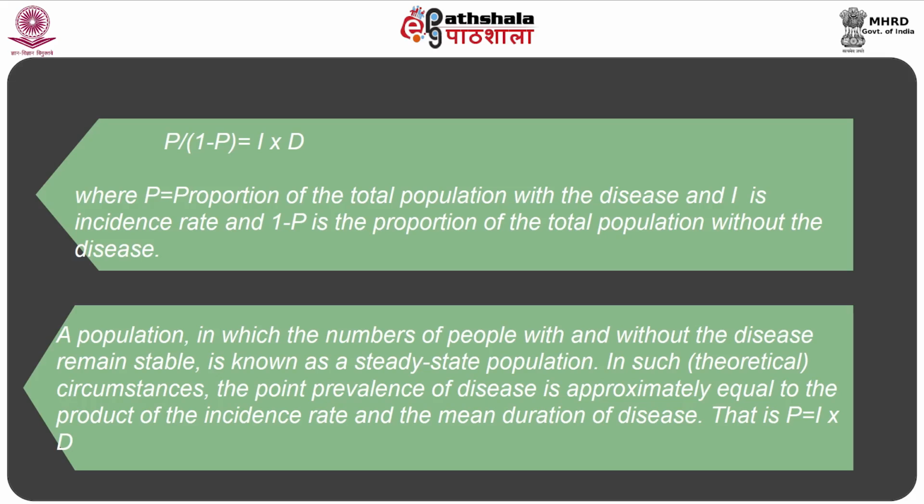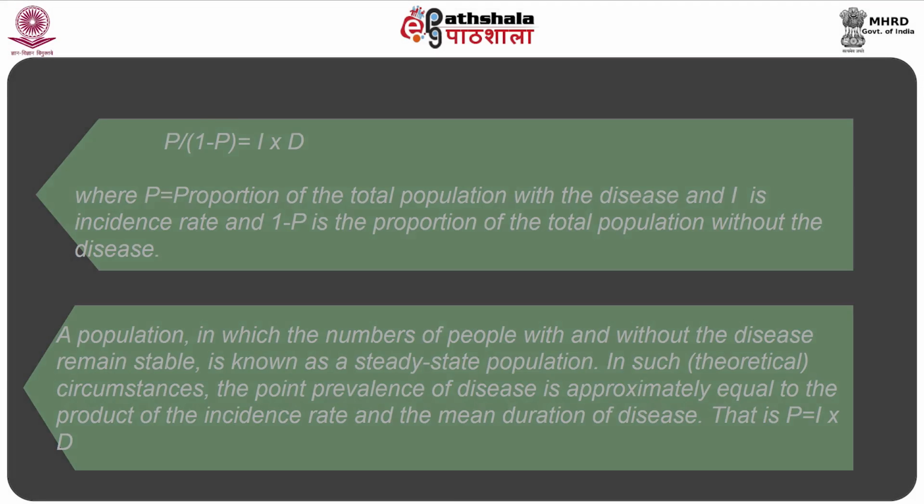A population in which the number of people with and without the disease remains stable is known as a steady state population. In such theoretical circumstances, the point prevalence of disease is approximately equal to the product of the incident rate and the mean duration of the disease, that is P equals I times D.